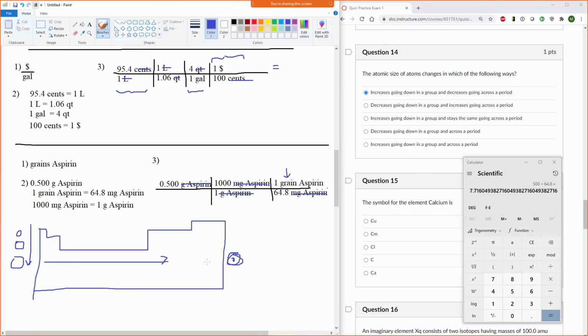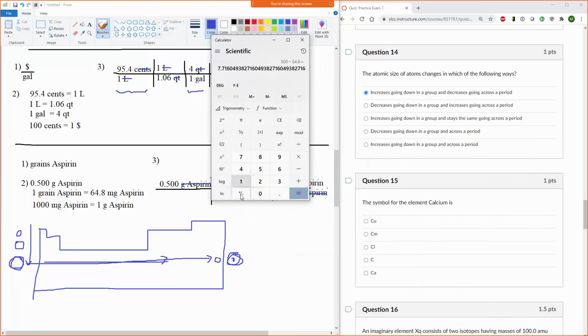So they're held more tightly, and that's why it shrinks just a little bit going from left to right. So this ends up being very large. On this side, it's relatively smaller because the electrons are being held more tightly. Does that kind of make sense?